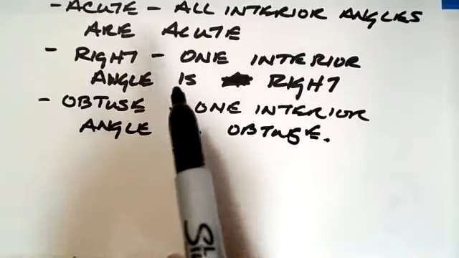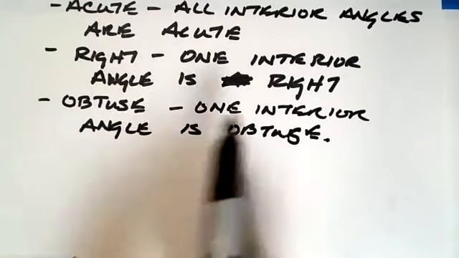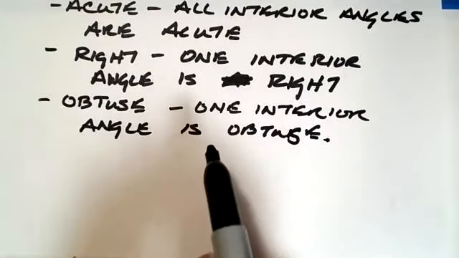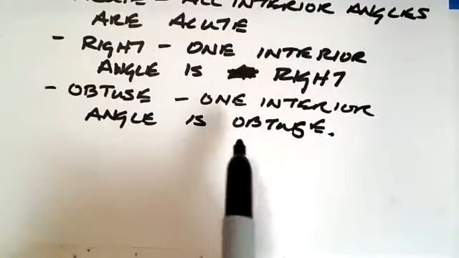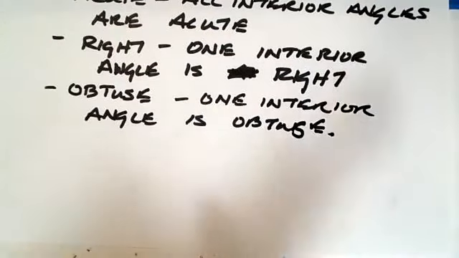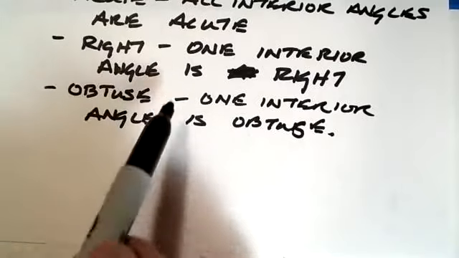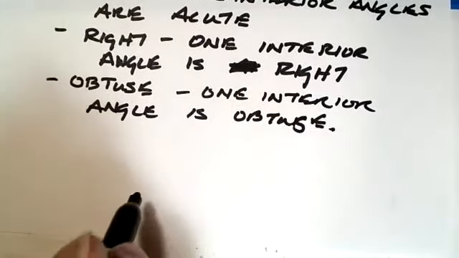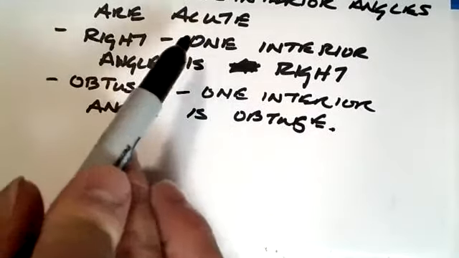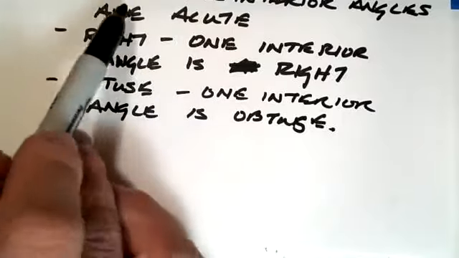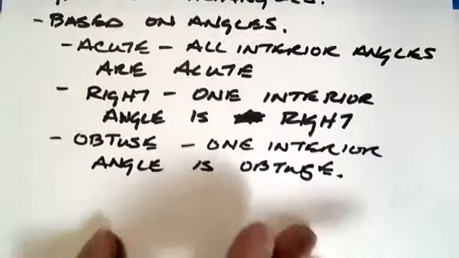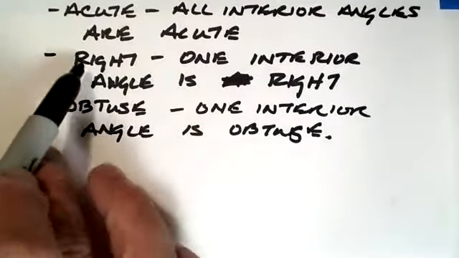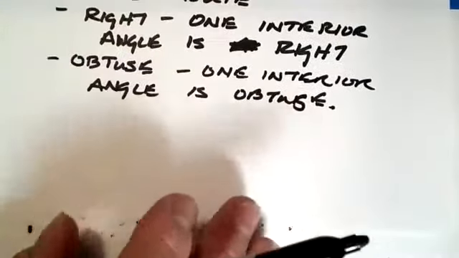Now, when you have one obtuse angle, that means it's more than 90 degrees, which means that based on the sum of 180, the other two angles have to be acute. Anyways, we'll use these terms, so it's important to know what they are. It basically only has to do with that one special angle. So acute, that seems pretty obvious: they're all less than 90 degrees. Right, you have one right angle. Obtuse, you have one obtuse angle. And the consequence of either one of these is that everything else is acute.